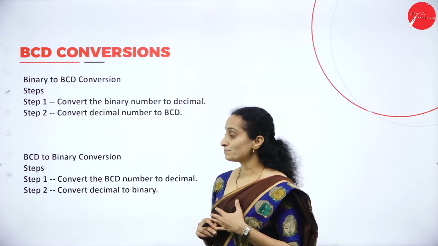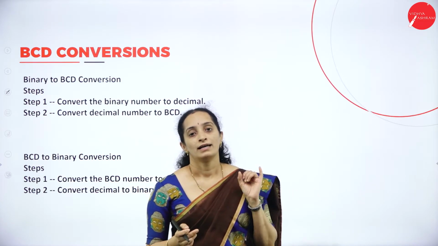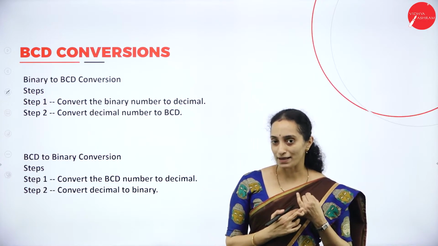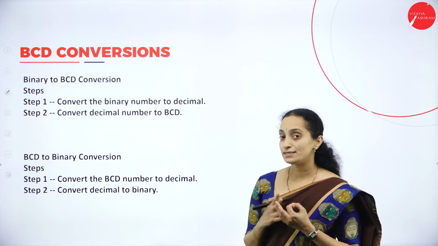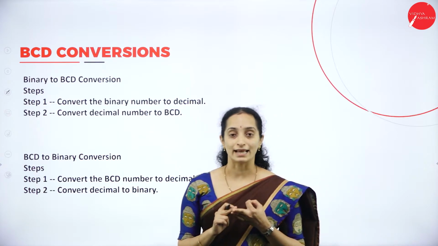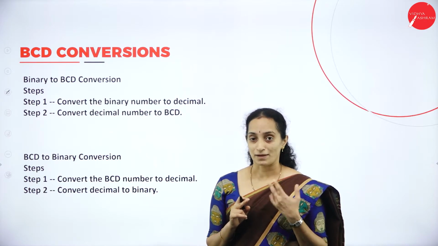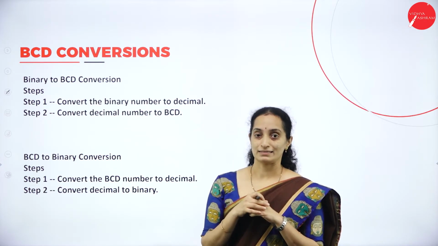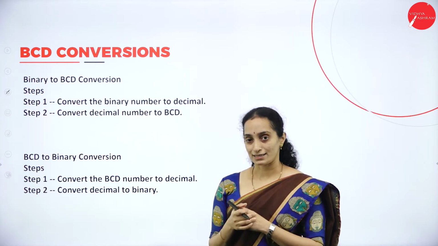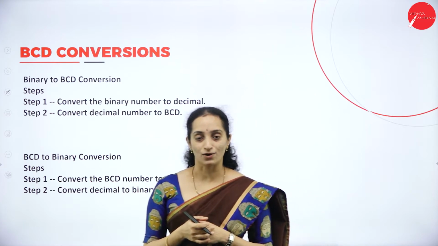The purpose is, we have the electronic devices. It may use the normal binary representation for processing and BCD for representing, like if you have a washing machine or if you have a microwave oven, what the display uses is either the BCD or XS3, or it may use gray code.